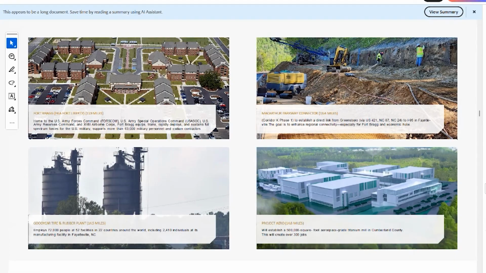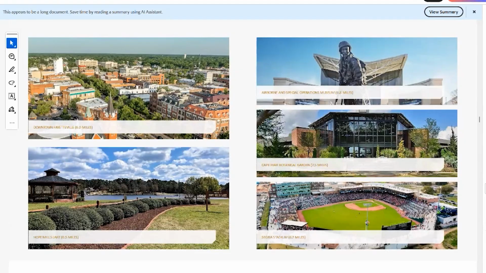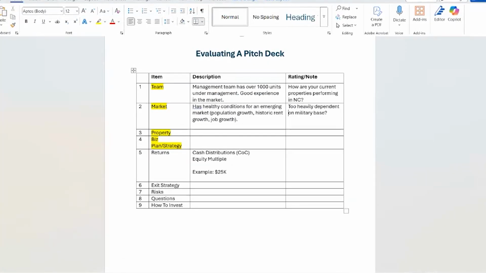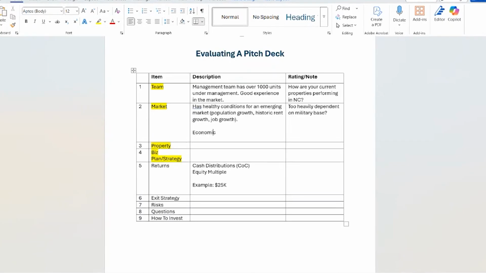Goodyear Tire and Rubber Plant, an aerospace project. So we're starting to see some diversity, right? Not just Fort Bragg. So overall, the market seems pretty healthy with some economic development in the pipeline.